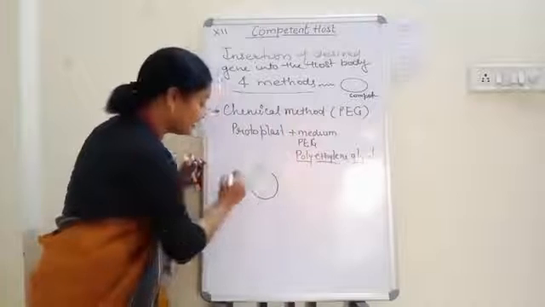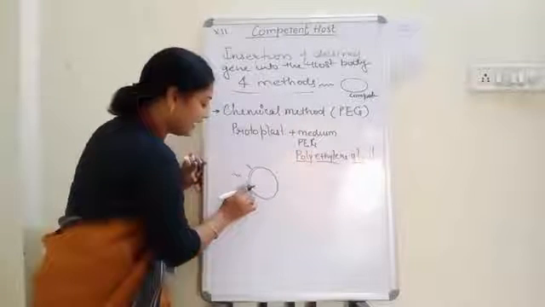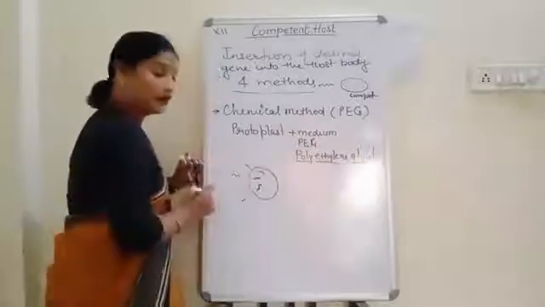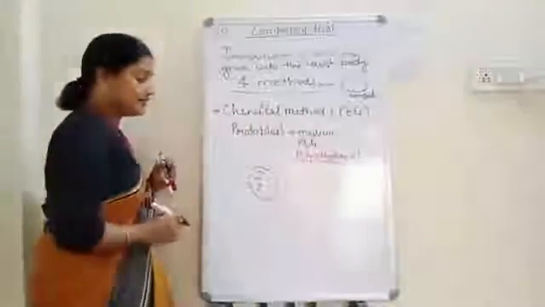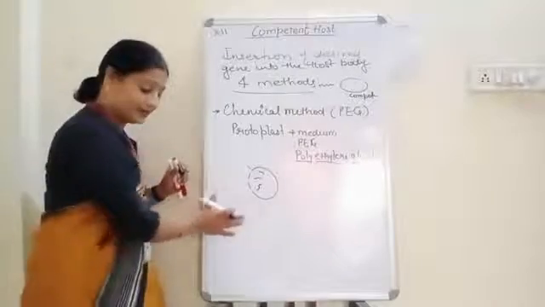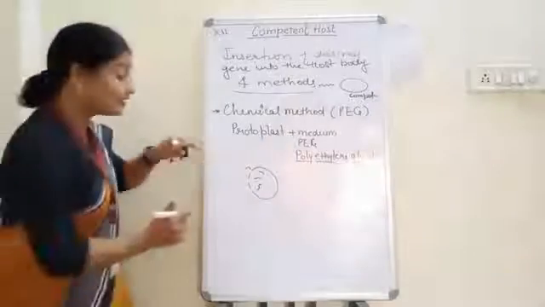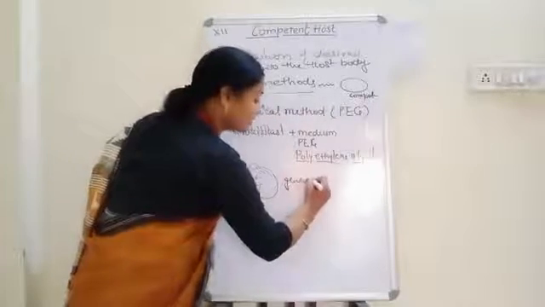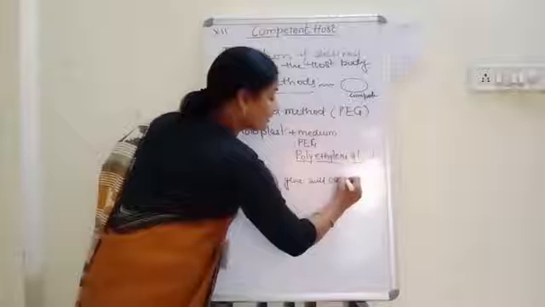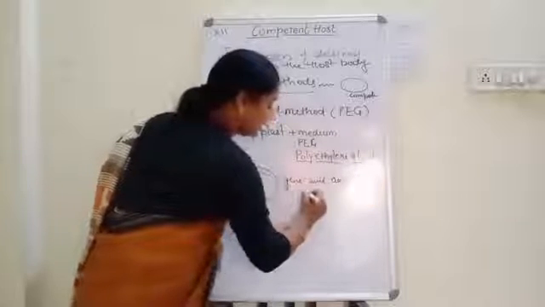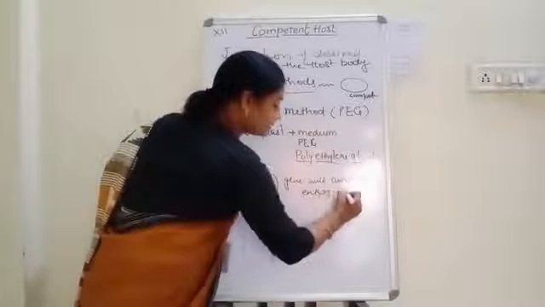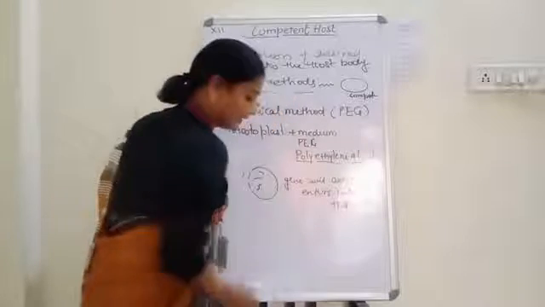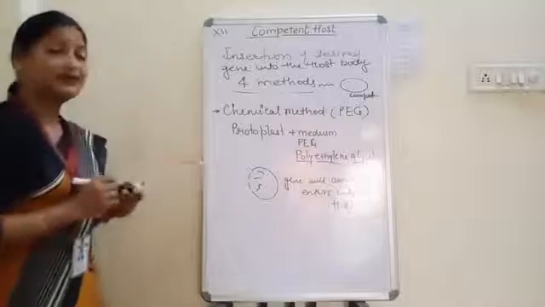The gene will automatically enter inside this. Okay? The gene will automatically enter into the host cell. So what is the result? Gene will automatically enter into the host cell. So this is one method.